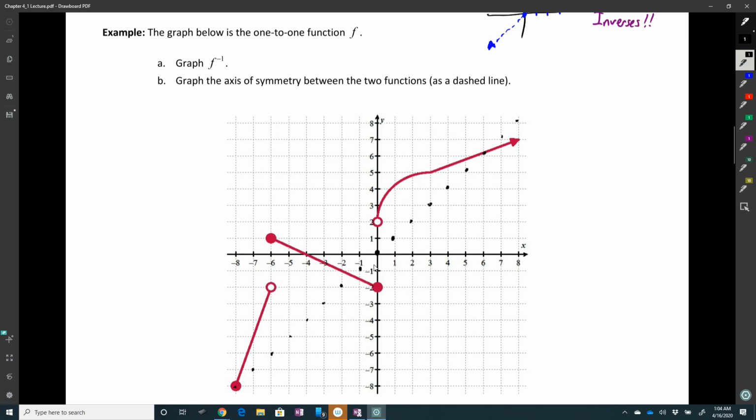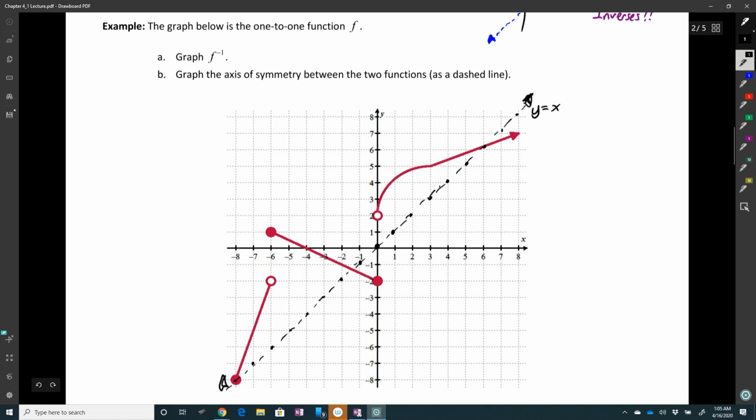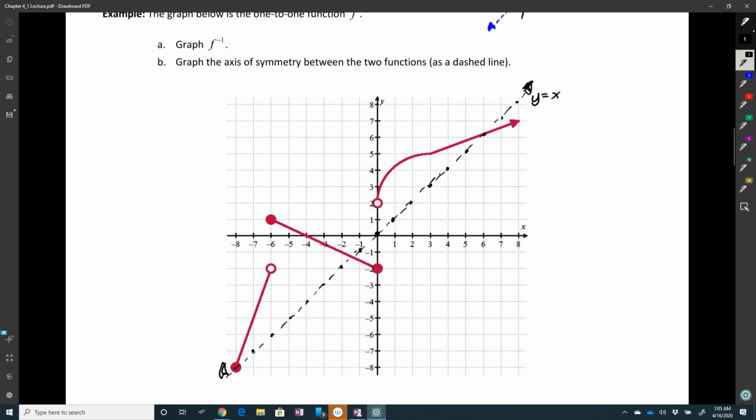And all you do is you connect the dots. Oh, sorry, as a dotted line, because it's not really there. It's just used for visual reference. And so remember, this is the line y equals x. So there's the axis of symmetry.